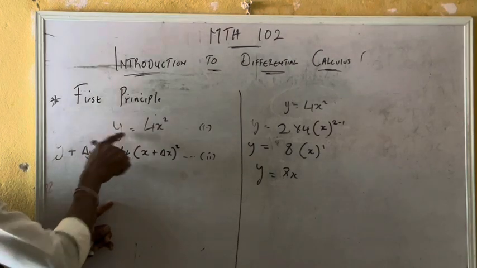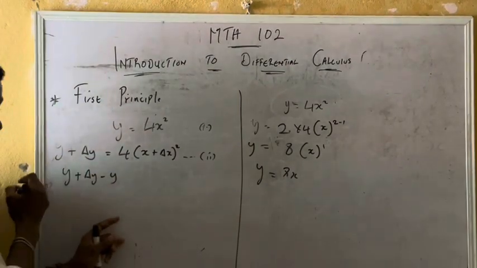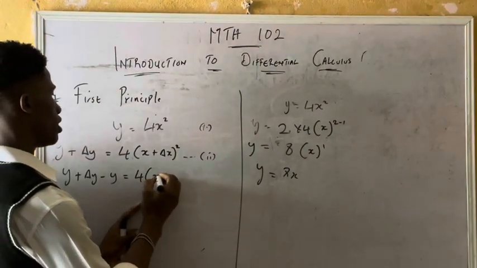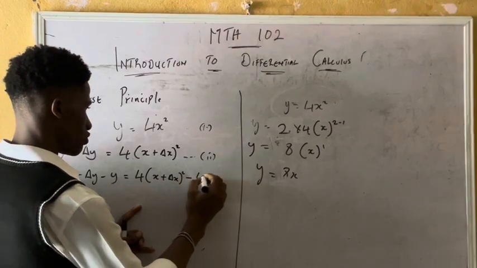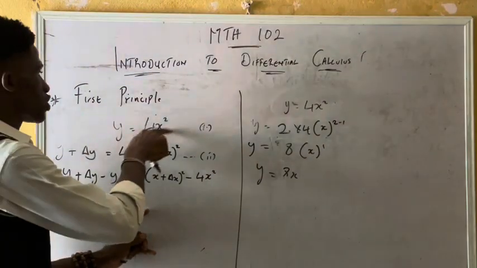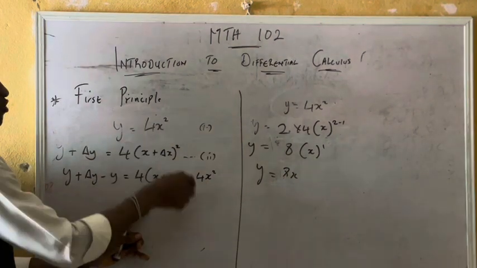Y plus change in y minus y is equal to 4 brackets x plus change in x squared minus 4x squared. It's not magic. This 4x squared here, look at it here, because we said let us subtract this from this.